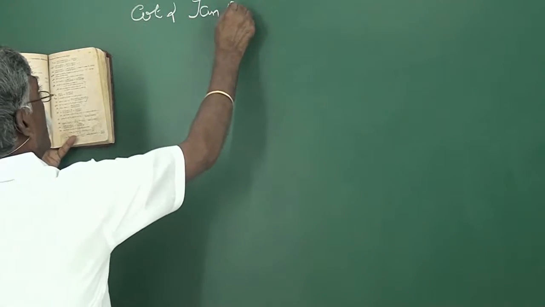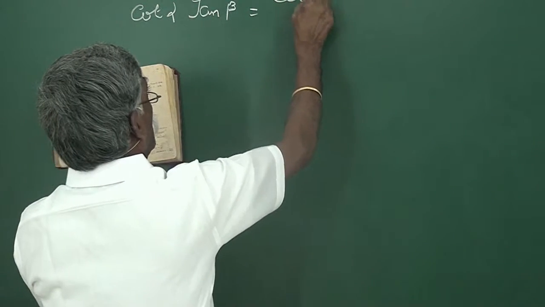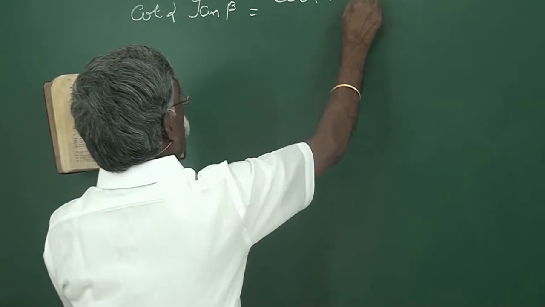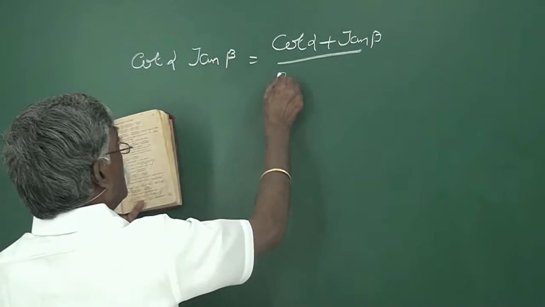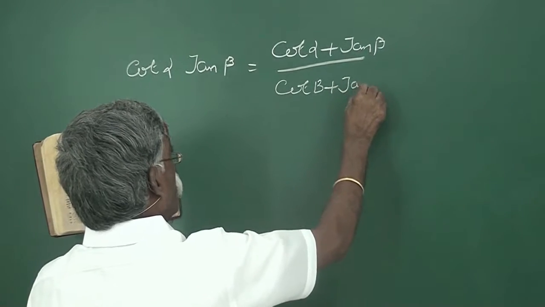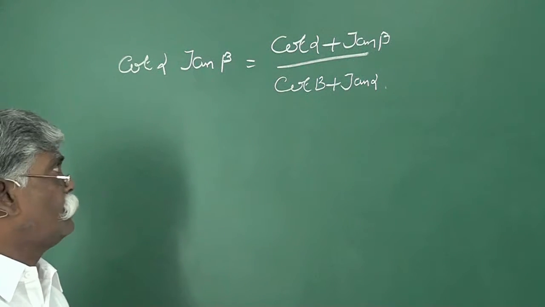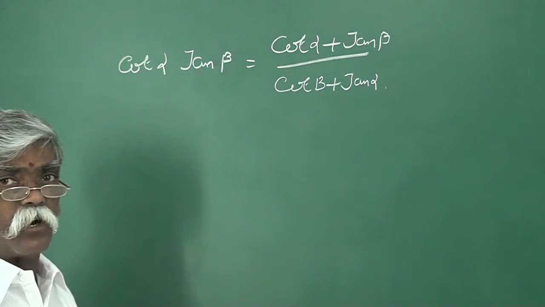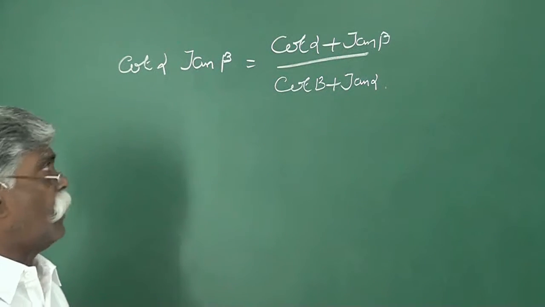Cot alpha into tan beta is equal to cot alpha plus tan beta by cot beta plus tan alpha. Now the left hand side is cot alpha tan beta, the right hand side is cot alpha plus tan beta by cot beta plus tan alpha.